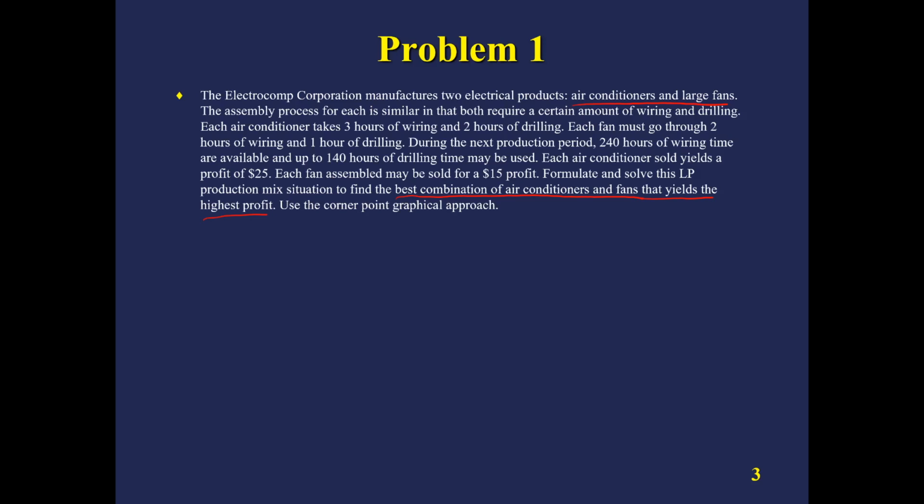We define the decision variables: x1 is equal to the number of air cons, and x2 is equal to the number of large fans. We also know that this is a maximization problem, so we say maximize.